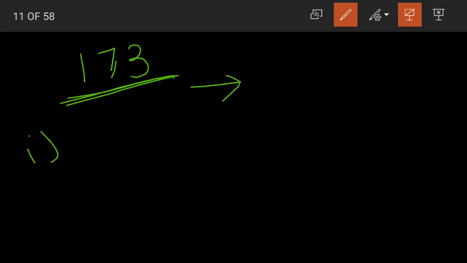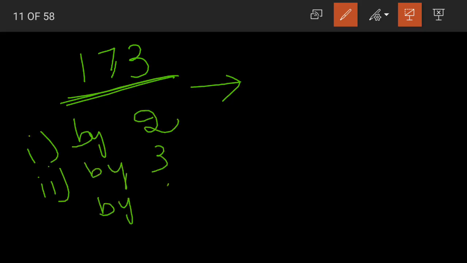Yes, and also sometimes they might give you a number, say 173. Okay, they might give you a number 173 and we need to check all the divisibility rules for it. First divisibility by 2, then by 3, then by 5, 6, 9 and 10.